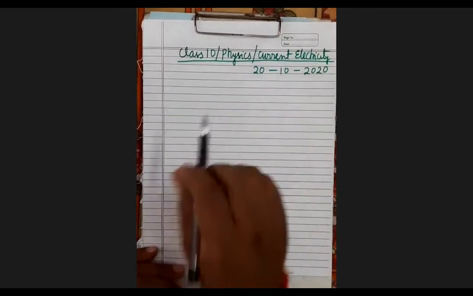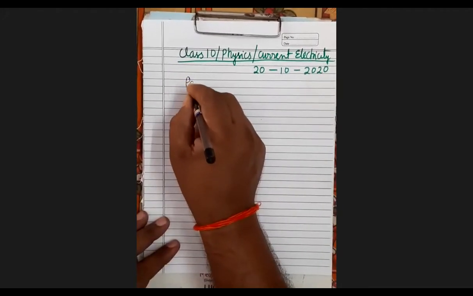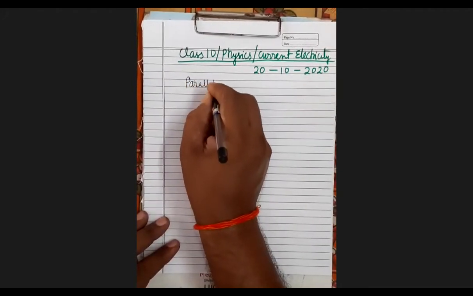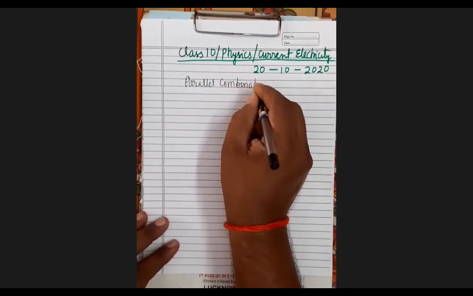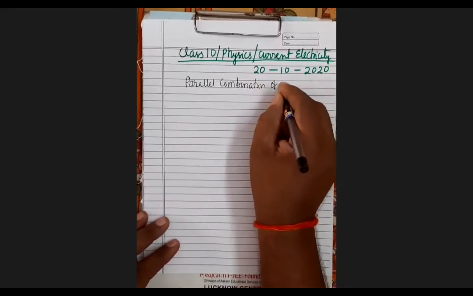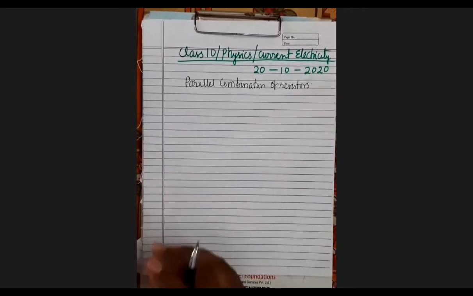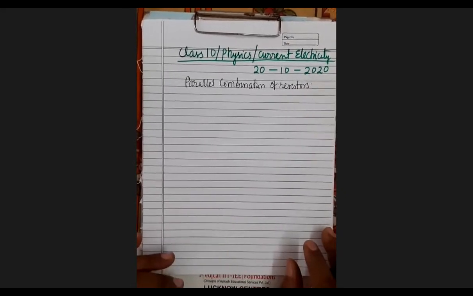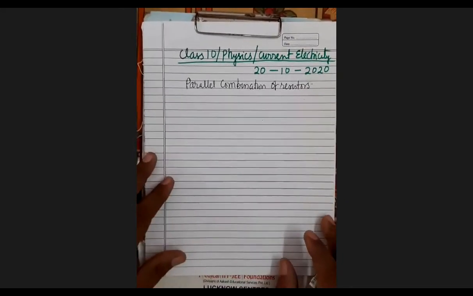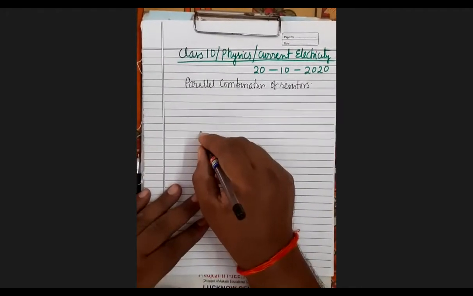In parallel combination of resistors, one end of all the resistors is connected at one point, while the other end is connected at the other point.